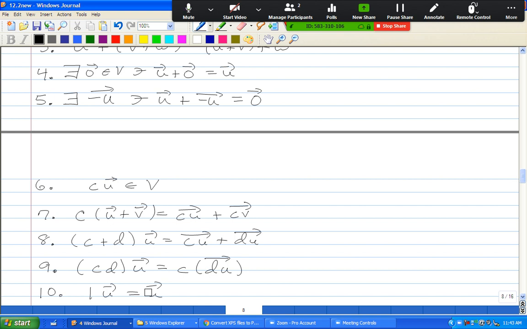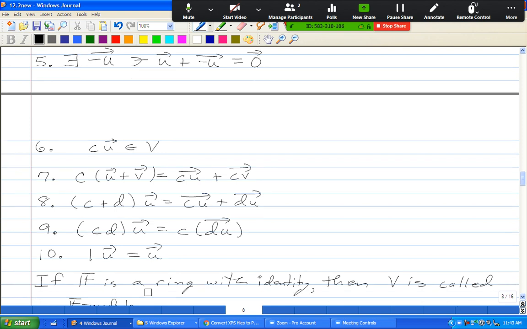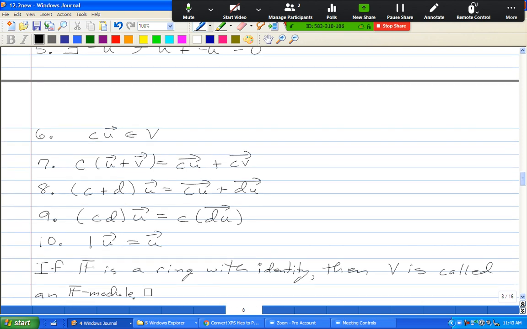Okay, so slight terminology. I don't know if I'll use this or not. I may have to use this in the latter part of the course. If F is not a field, but what's called a ring, meaning that we'll have to loosen the definition so that it doesn't necessarily have multiplication of these scalars.